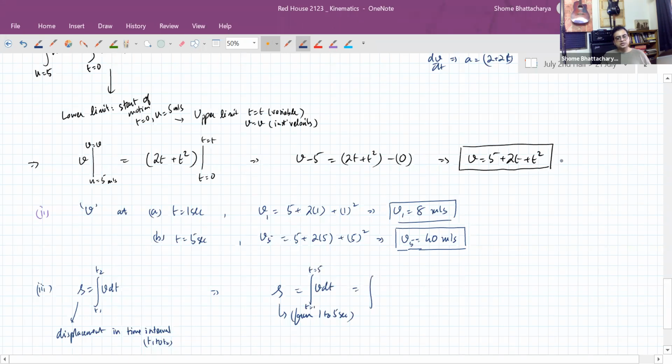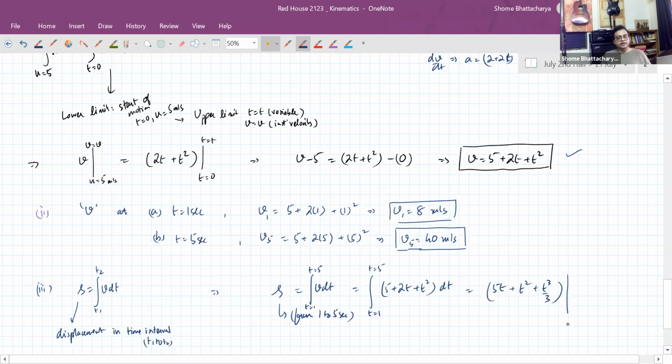So now just substitute this instantaneous velocity. It is 5 plus 2t plus t square, with the limits t equal to 1 second to t equal to 5 seconds. So this is 5t plus t square plus t cube by 3. That is the antiderivative.